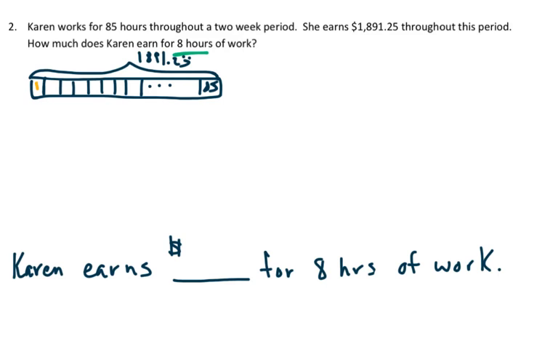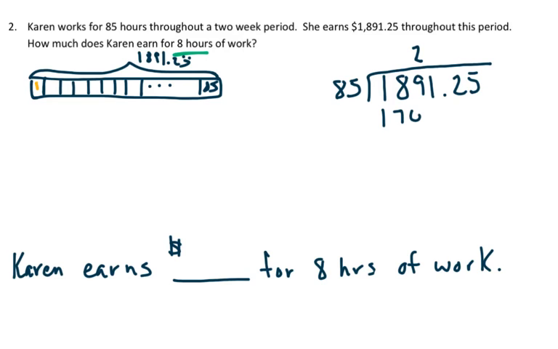So that is a division problem of $1,891.25. And that's my dividend. My divisor is going to be 85. Okay, so I'm going to go ahead. I can do my estimation for this one as well. I'm just going to go ahead and skip that step just to save you some time.